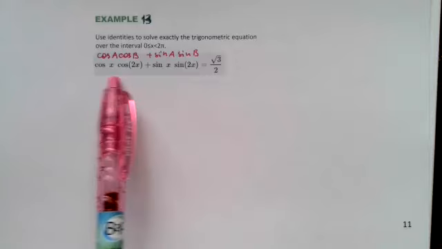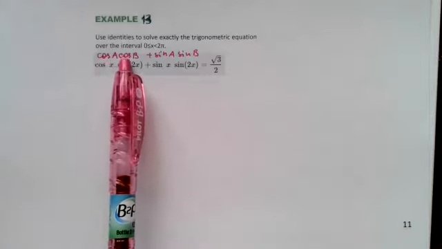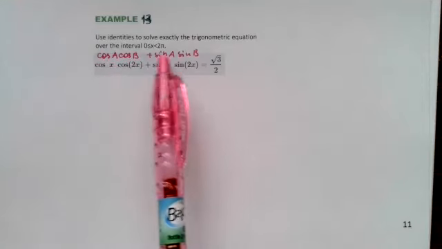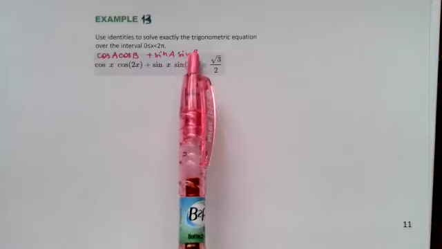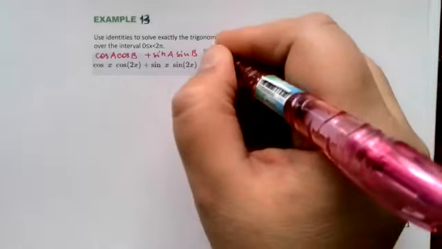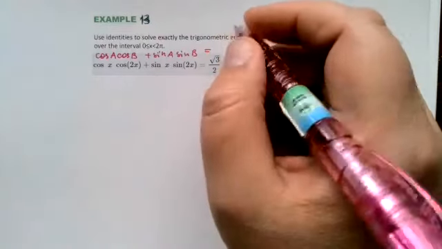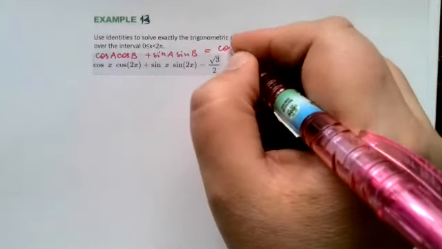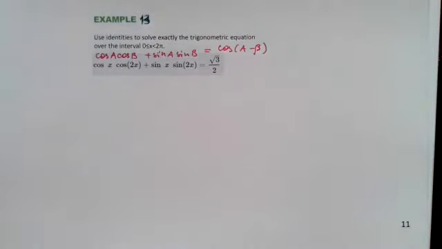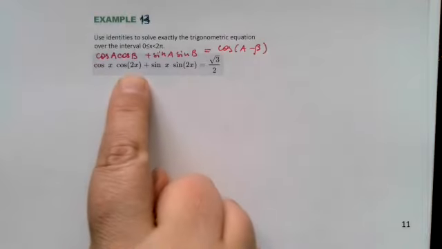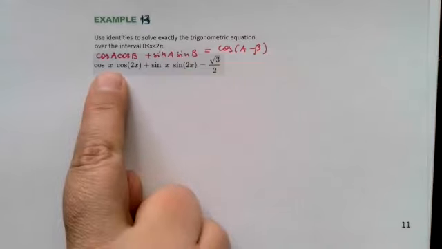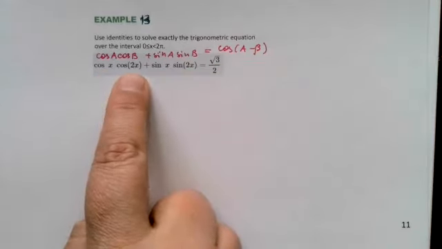What I see here is that we have cosine A, cosine B, where A is x, B is 2x, plus sine A times sine B. And that reminds me of the formula for the cosine of A minus B. So instead of this whole thing, I'm going to write cosine of A minus B, where A is x and B is 2x.